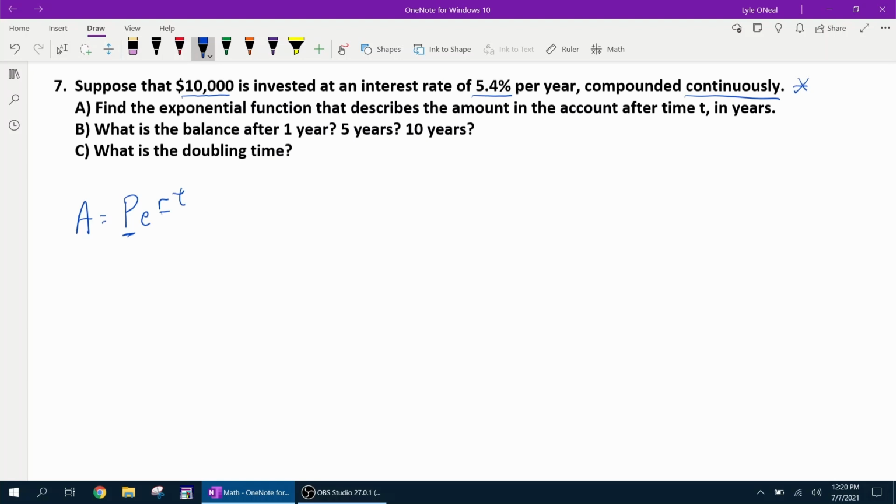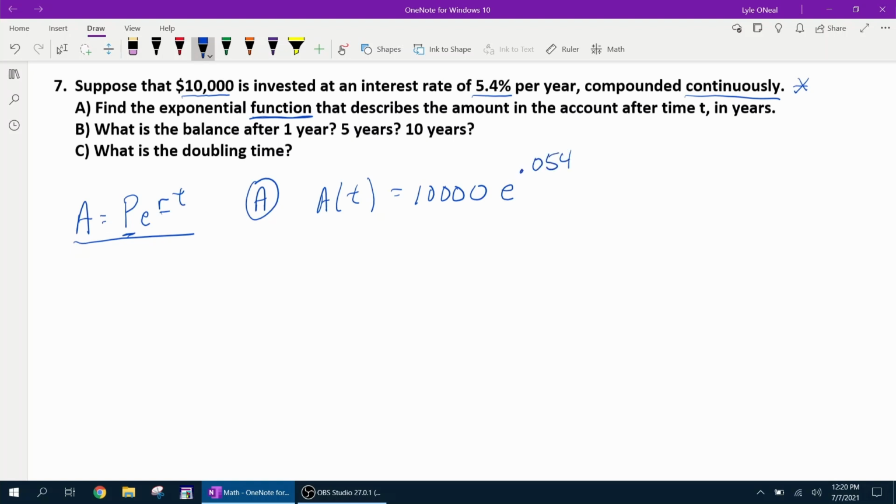So then there's going to be two variables. We're going to replace P and R with what they're equal to. So for part A, using our compounded continuously formula, and it does say the word function, this is going to be A of t equals the principal, which is 10,000, e to the r, 0.054.